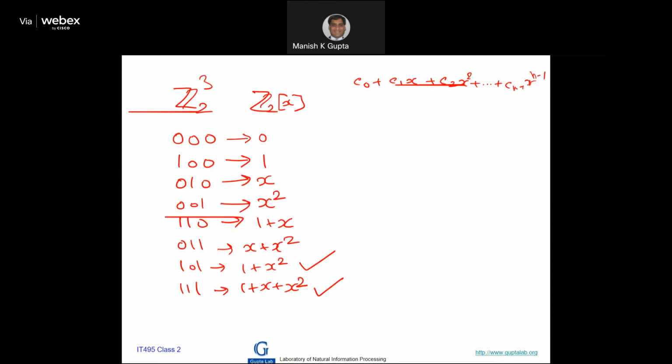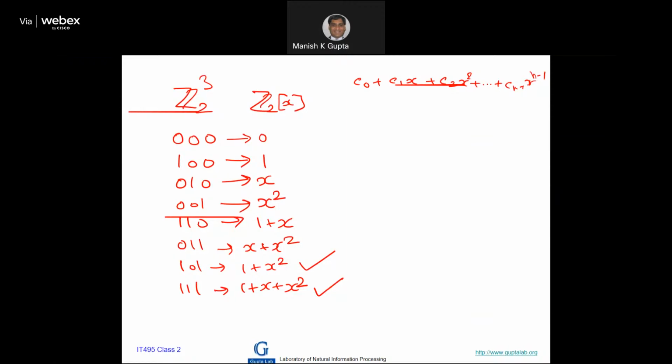If you take x square plus 1 and reduce everything modulo it, the first element will be 0, the second element will be 1, the third element will be x, the fourth element will be 1, because x square is equal to minus 1, the same thing as plus 1. And this will remain 1 plus x, no issue.